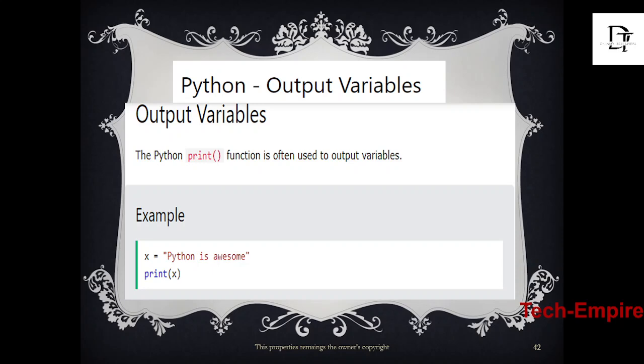To see the output of your code, we use this inbuilt function. Print is an inbuilt function in Python. It is a command which is used to output, that is, to see your code. Any code you write in Python, once you type print, it means you want to see that particular output.